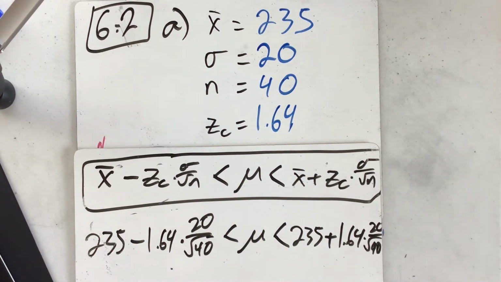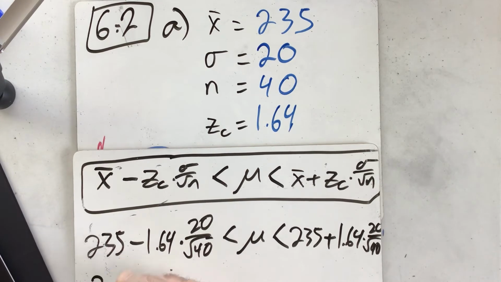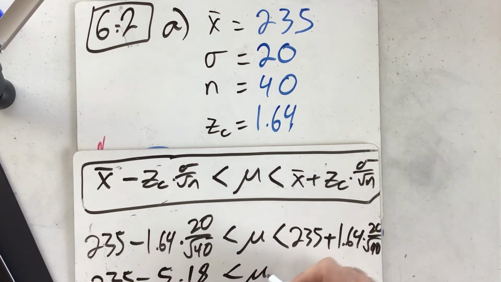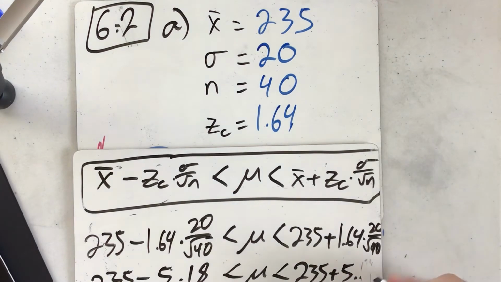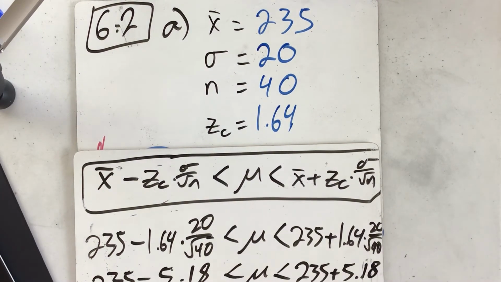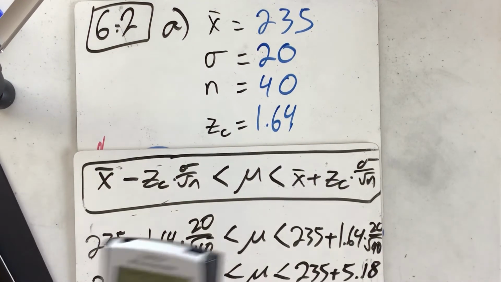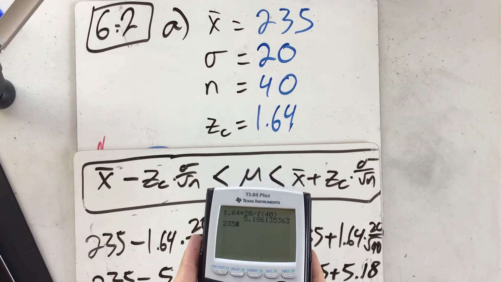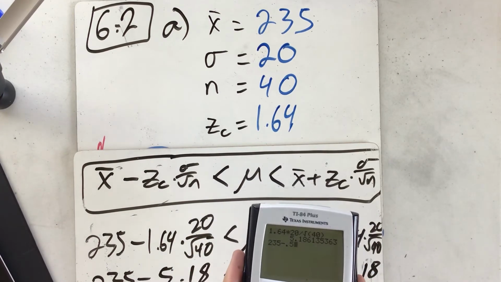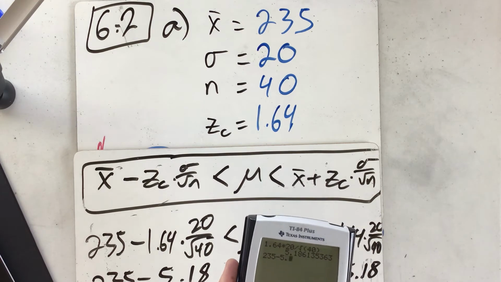And what if I just go ahead and write this out? Maybe 235 minus 5.18, and then this side is plus 5.18. You don't have to write these out, but it might make your life a little bit easier. So let's do 235 minus 5.18.